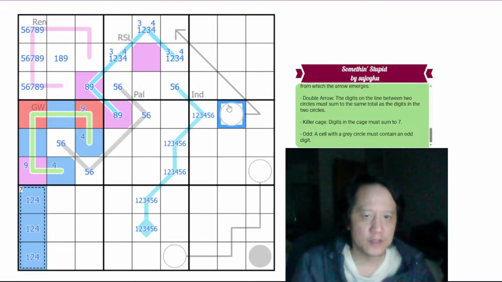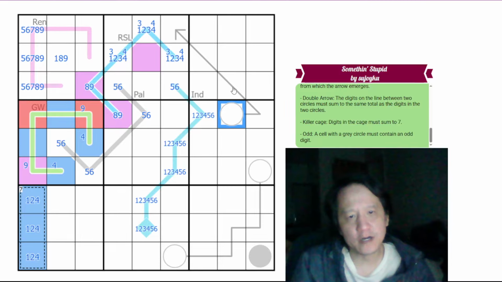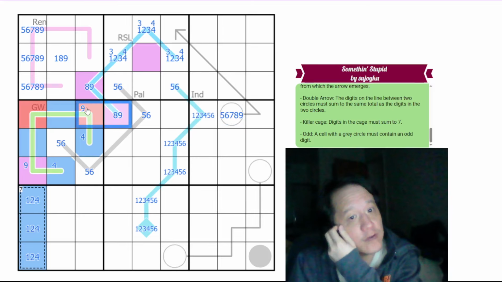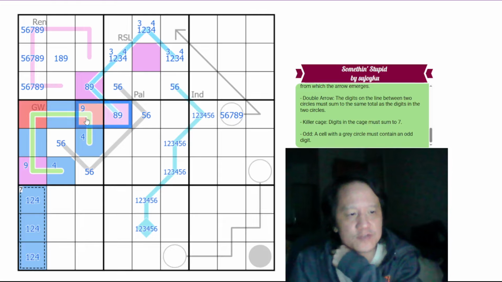Let's see. This digit is at least a 5 through 9, right? Because, again, we had a minimum of 1, 2 with 1 and 1. So this is 5 through 9. That means these are all high digits in row 4, so they're digits from 6 through 9.